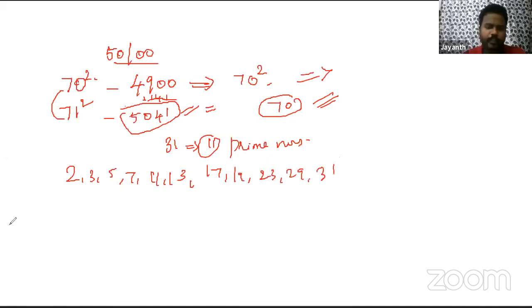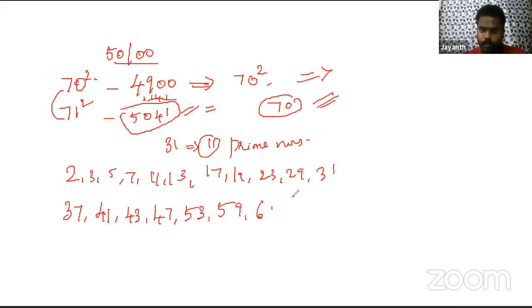After 31, what all the prime numbers we have? 37, 41, 43, 47, 53, 59, 61, 67. Right? 1, 2, 3, 4, 5, 6, 7, 8. 11 plus 8, so we have 19 such numbers.